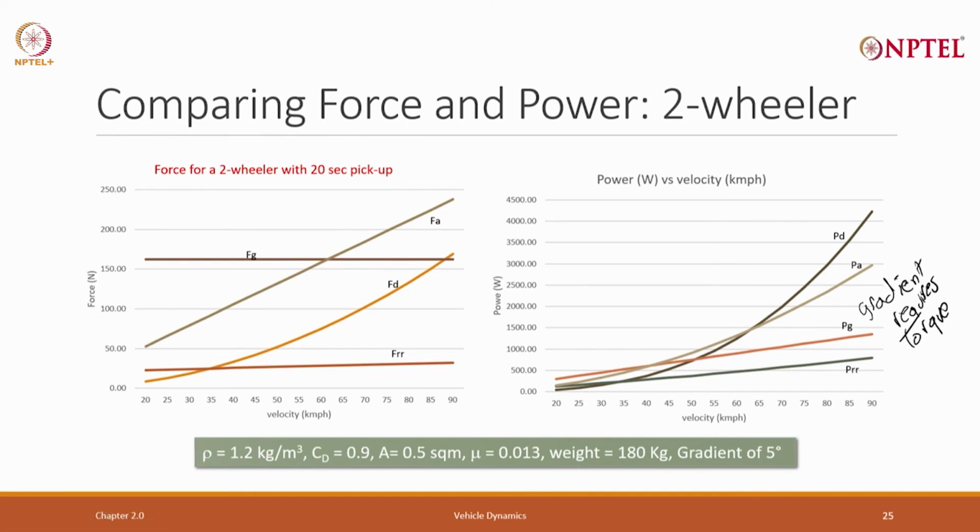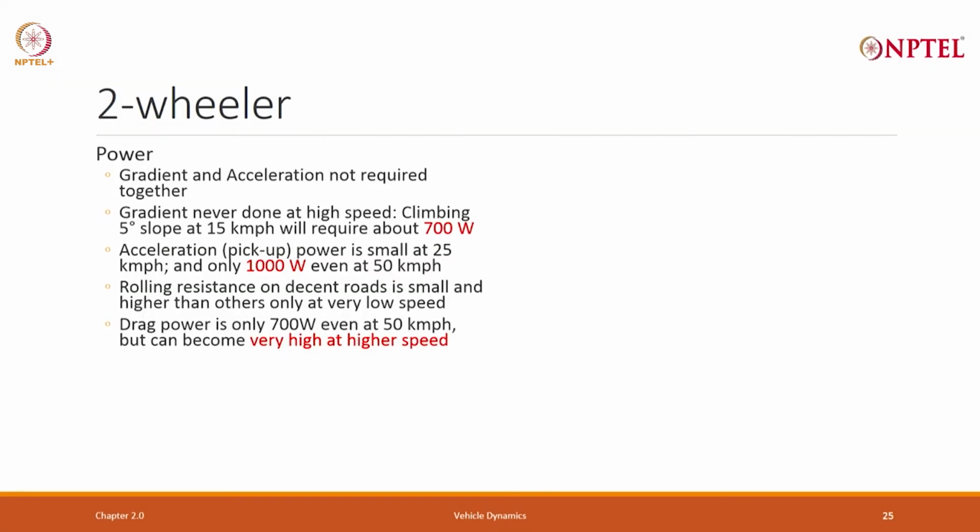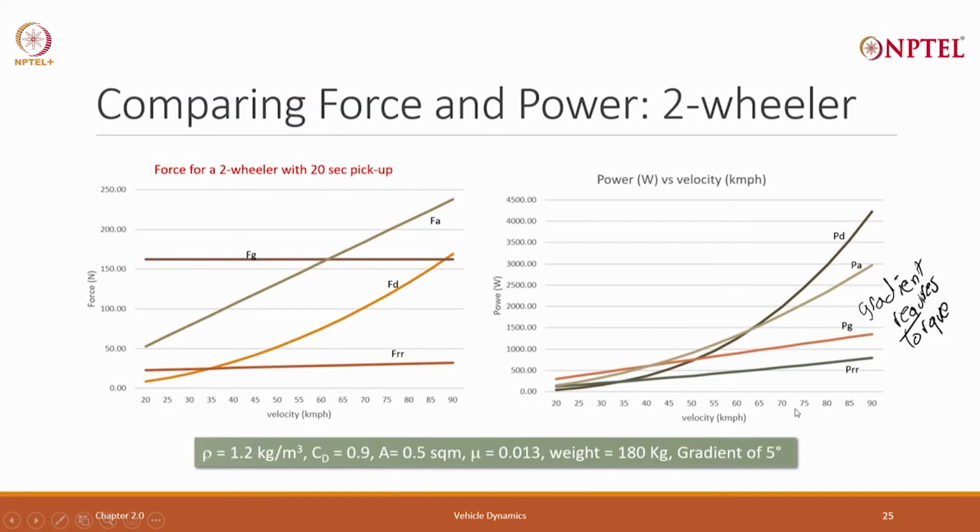Rolling resistance on a decent road is small. If you look at it, the power requirement is not that large. At 50 kilometer per hour it is around 400 watts, and it goes up to 500-600 watts. Drag is only about 700 watts at 50 kilometer per hour, but at higher speeds drag can become dominant.